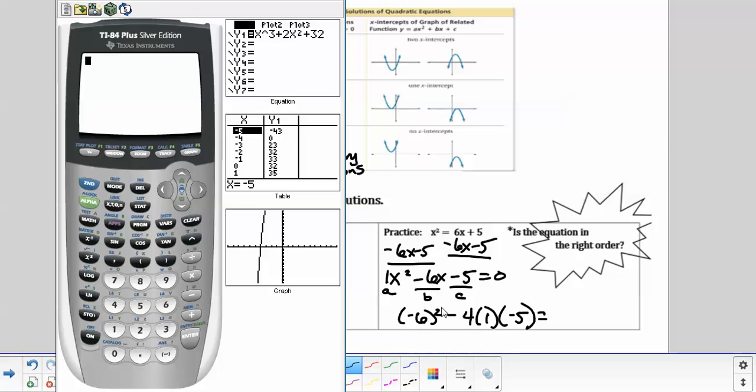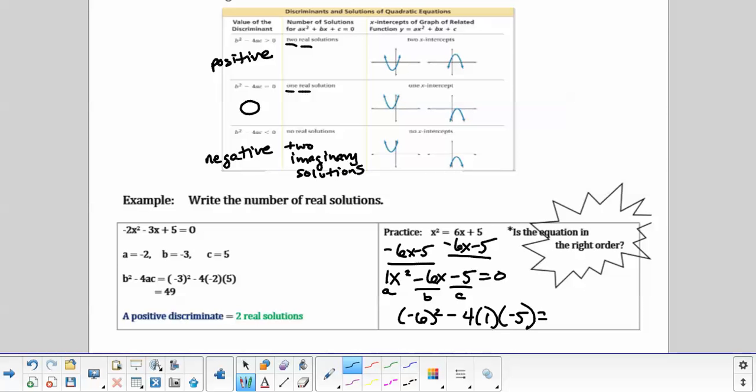Make sure that you put parentheses around your negative 6. Okay, I get that the discriminant is positive 56, and if it's a positive number, you should have two real solutions.